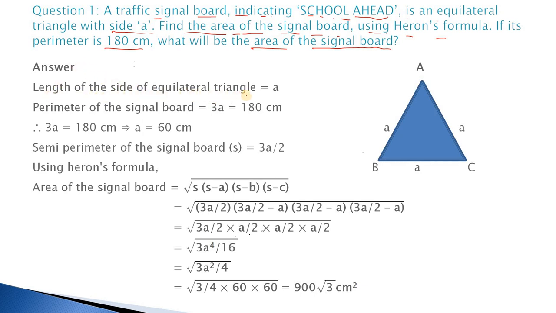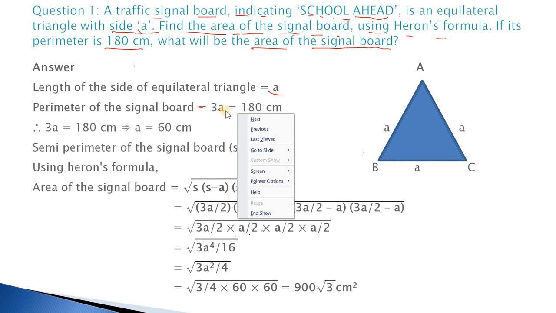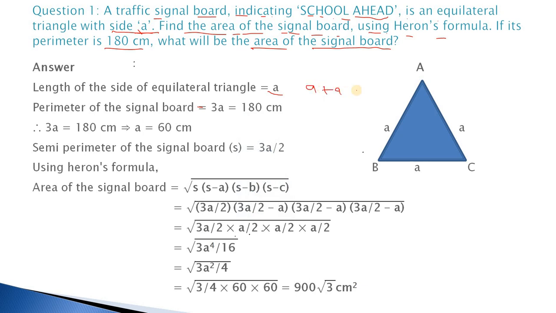The length of the side of the equilateral triangle is a, and the perimeter of the signal board is given as 180 cm. We know that the perimeter of an equilateral triangle is a plus a plus a, which is 3a, equal to 180 cm.